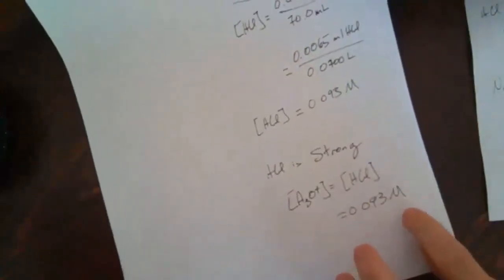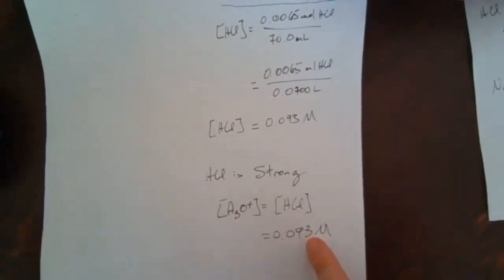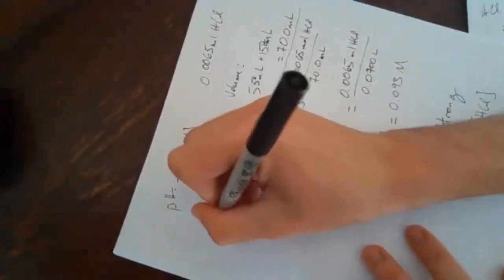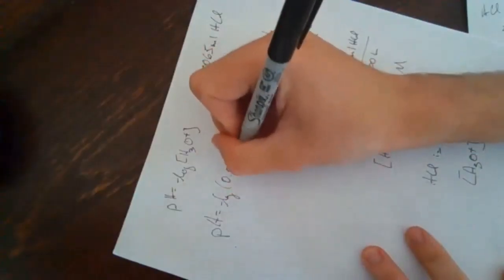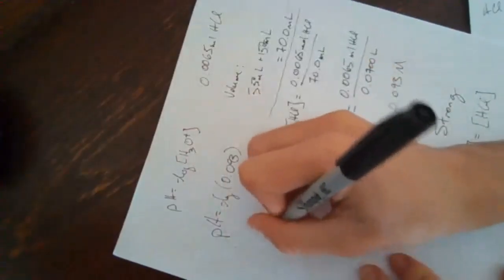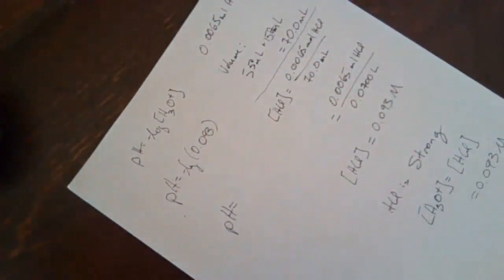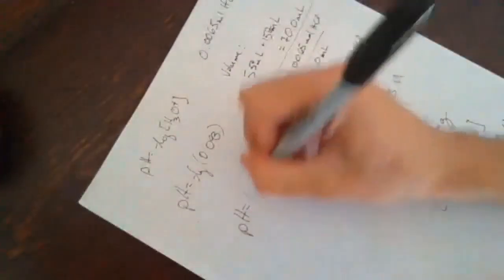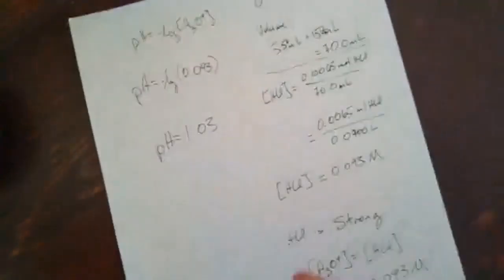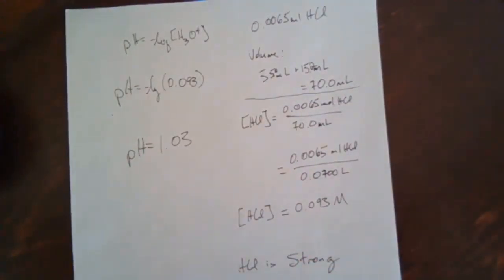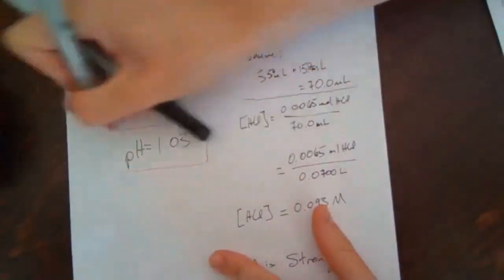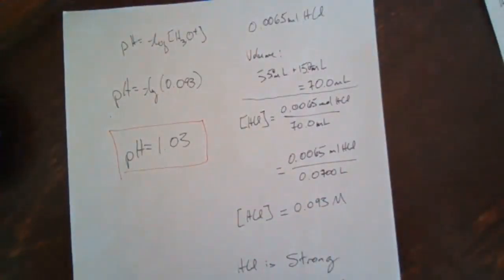So it's 0.093 molar. That's one of the nice things about strong acids. So that means the pH is negative log of 0.093. So that means the pH is equal to 1.03. So a lot of work, but we can finally get our answer.